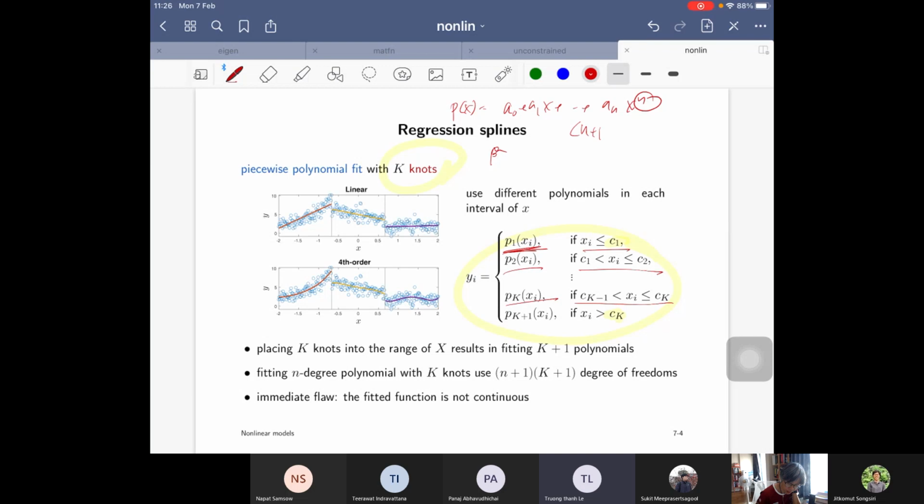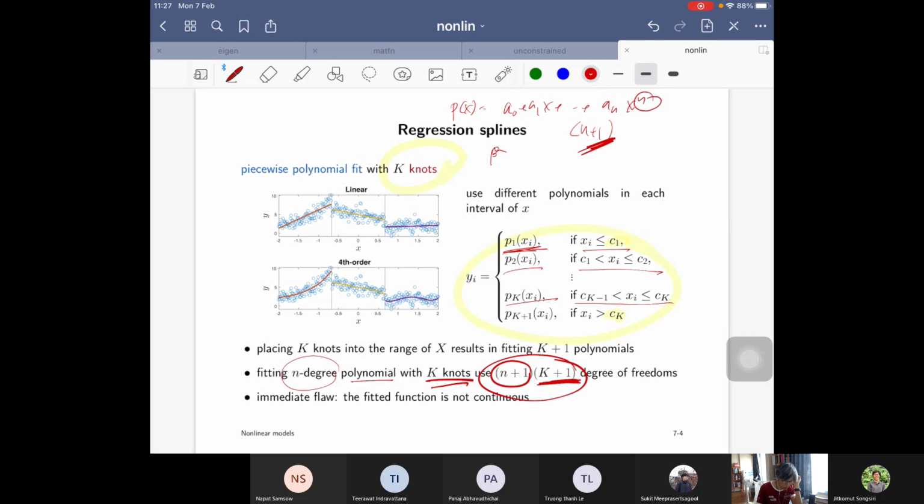Okay, so if we fit regression splines with degree n polynomials and k knots, we have k plus 1 regions, k plus 1 polynomials, each with n plus 1 parameters. So the total number of parameters would be n plus 1 times k plus 1. This is the total degrees of freedom of regression splines.